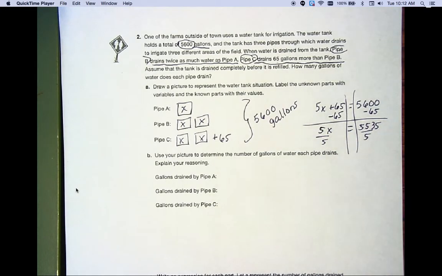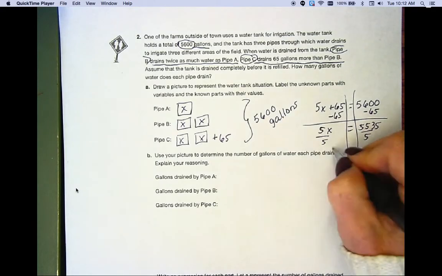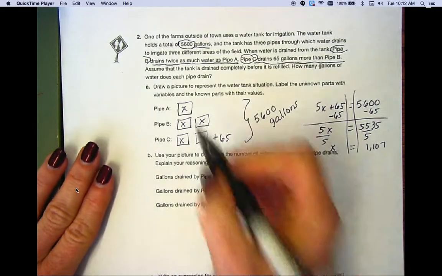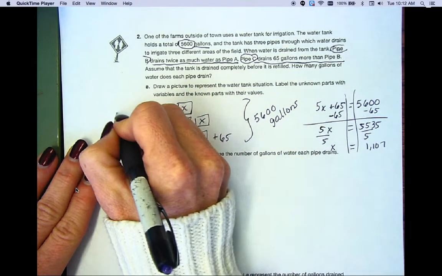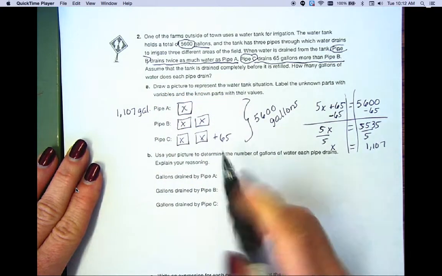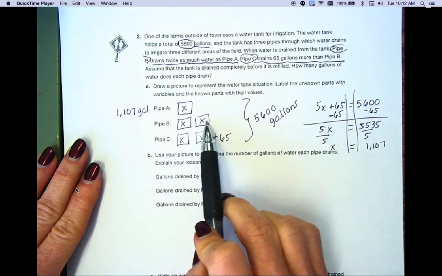Then if I divide each side by 5, I get X equaling 1,107. So that means pipe A drains 1,107 gallons. Well, B drains twice that.